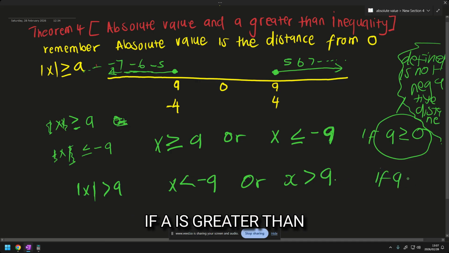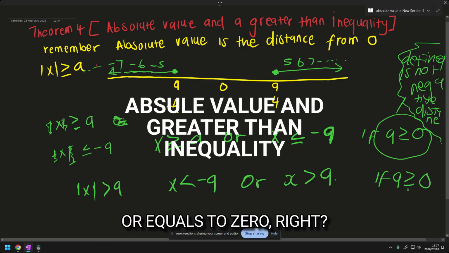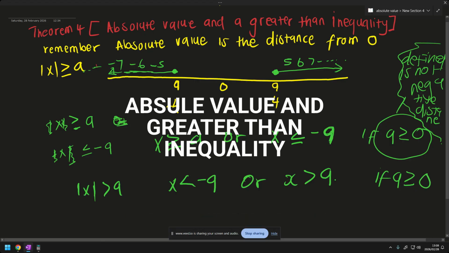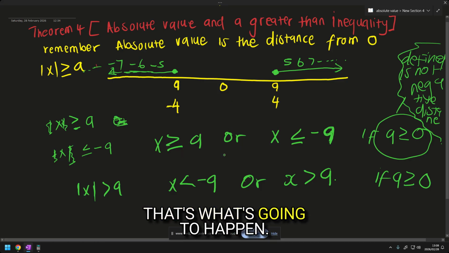If a is greater than or equals to zero, right? That's what's going to happen.